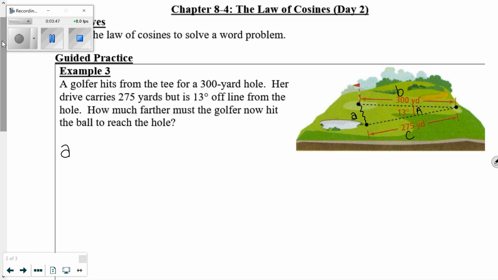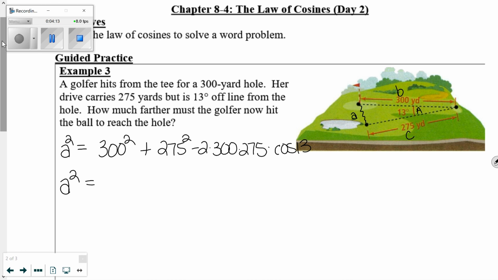All right, so what we have here is A squared equals 300 squared plus 275 squared minus 2 times 300 times 275 times the cosine of 13. This is the one on the right side. If you can get it all entered into your calculator, you're going to find that A squared equals 4853.9393.